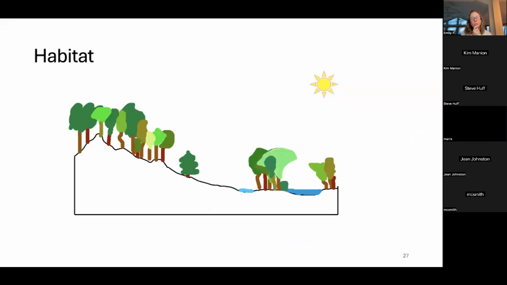Now I want to do something that may or may not work. So here's my drawing. It looks a little cartoonish, but that's fine. I'm going to start in a riverine water area, and I'm going to head off into upland reaches and go to the top of the mountains.